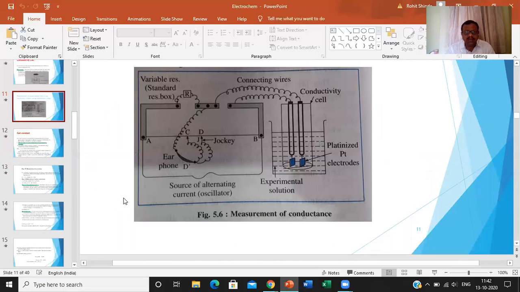This is a uniform cross section wire, AB, on which we can slide the jockey D. We have resistance R, and we have the conductivity cell, which has a KCl solution. Here, in the first step, the cell constant is determined. The conductivity cell is connected to two points on the Wheatstone bridge, which has the uniform wire AB.